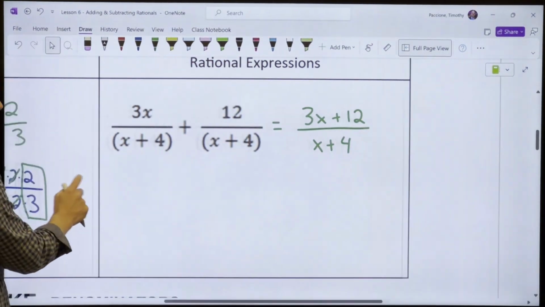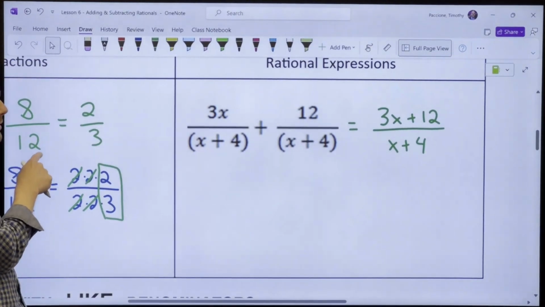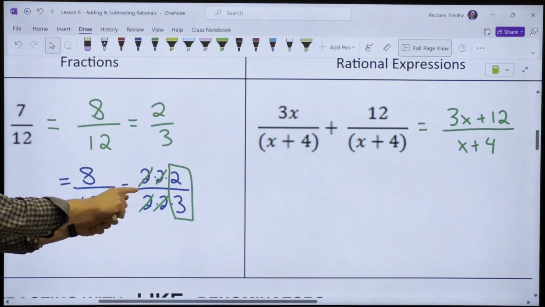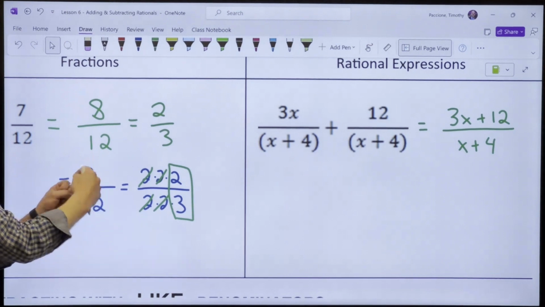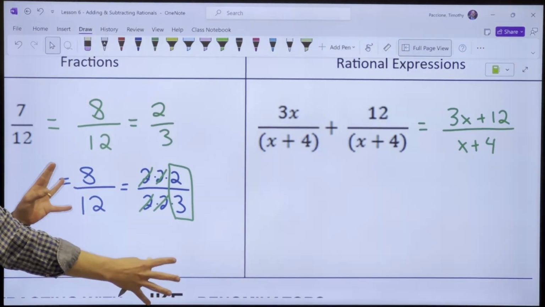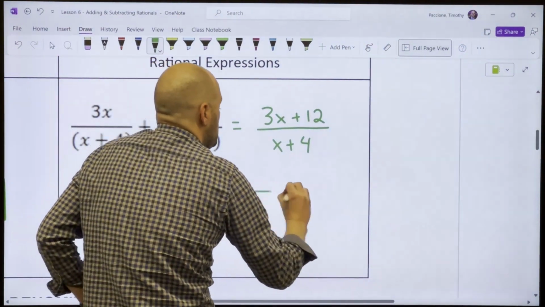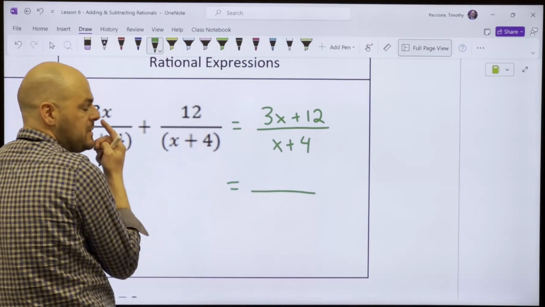Remember, when we did the work here, we didn't stop. We said, hey, can I reduce? Can I simplify? And this method calls for factoring, breaking down, seeing if anything cancels, right? So let's do that. Looking at the top, can you factor, can you break that down? Yeah, what comes out?